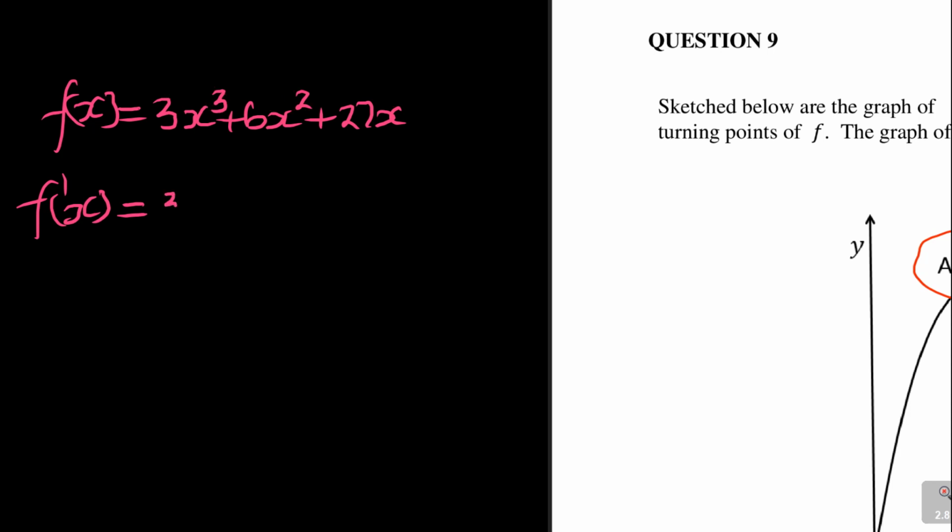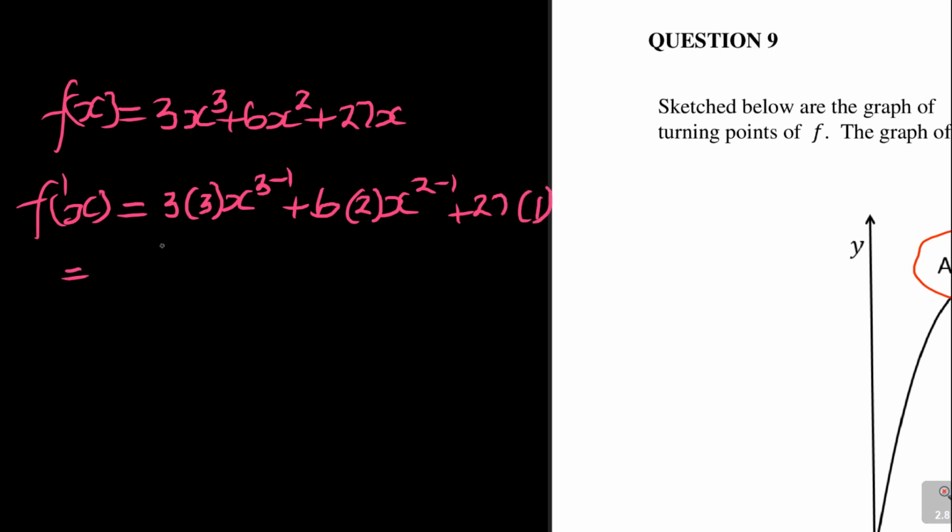So it's 3 dropped, and x to the power 3 minus 1, which is 2, plus b, you drop that 2, and we've got x to the power 2 minus 1, plus 27. So f prime of x is equal to 3 times 3, which is 9x squared, plus b times 2, which is 2bx, plus 27.